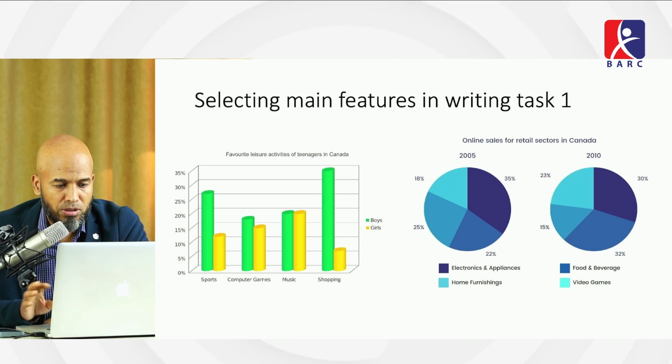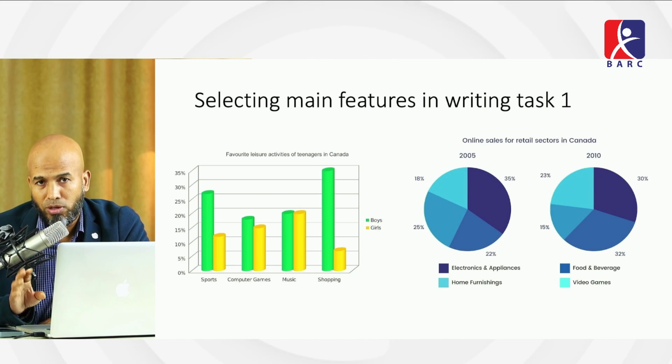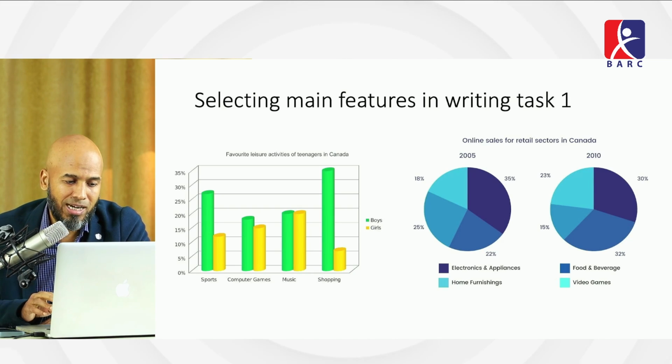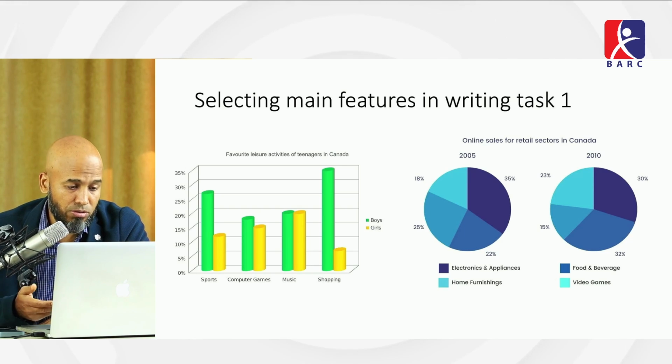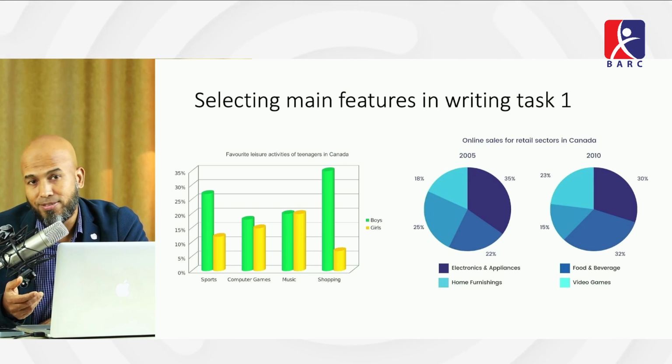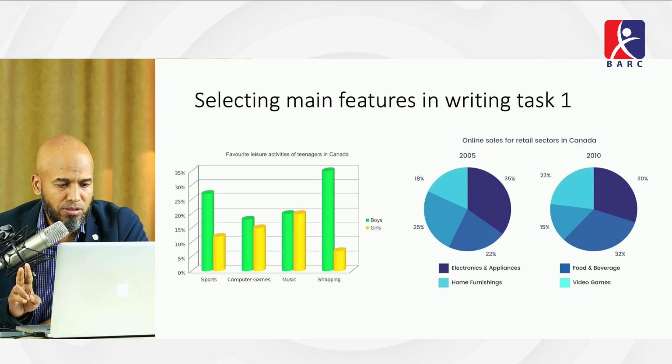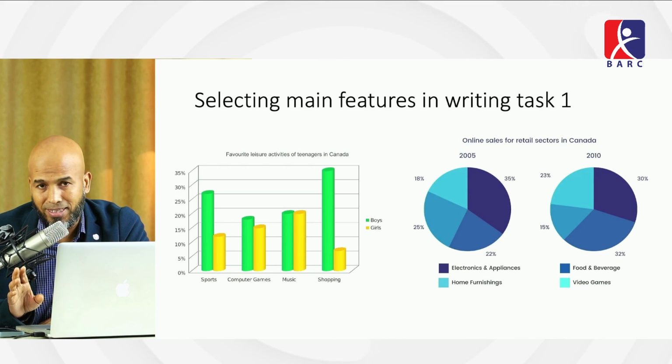It is about a comparison or a development of 2 different years. One is 2005, another is 2010. You see a comparison between 2 different years. So this is a dynamic one.